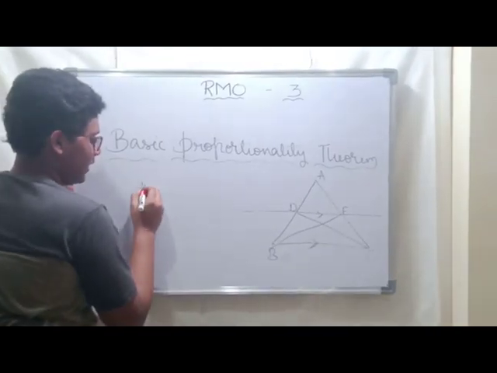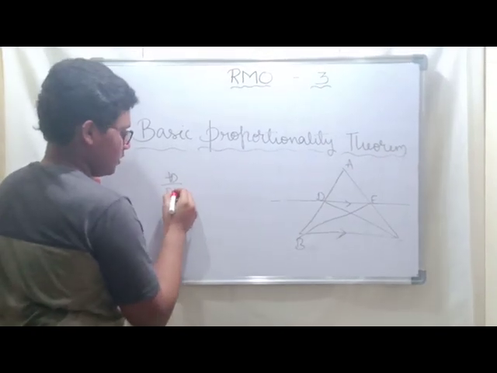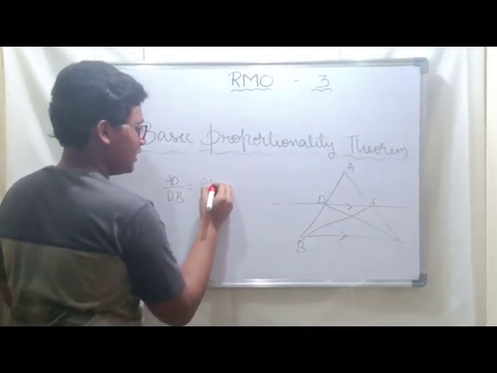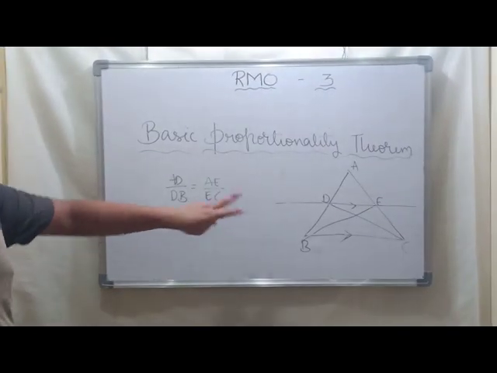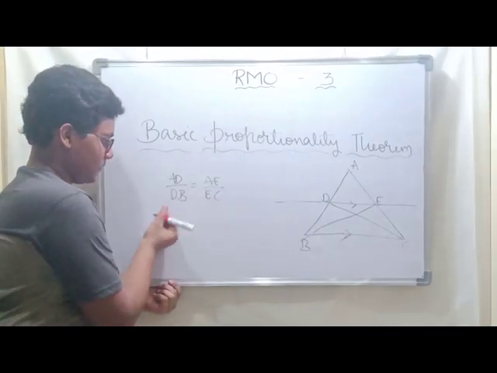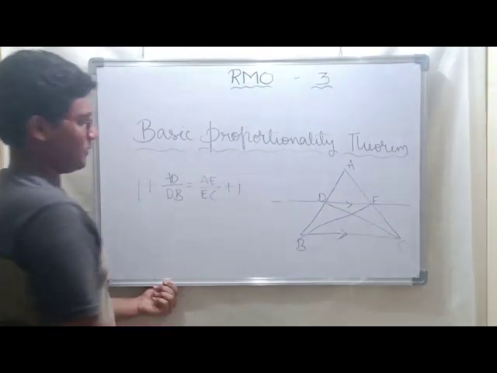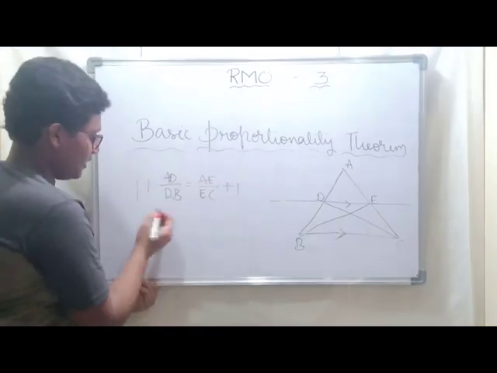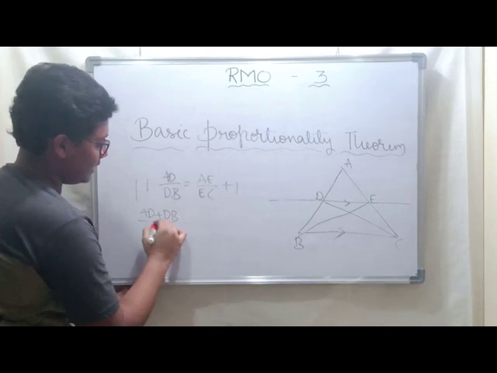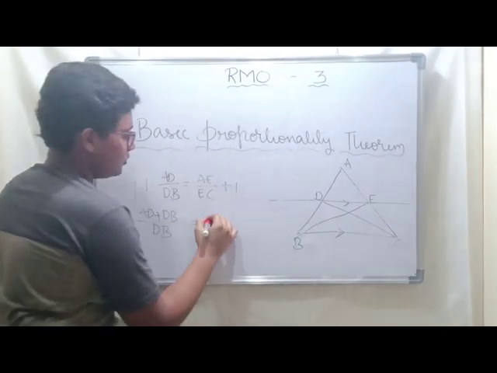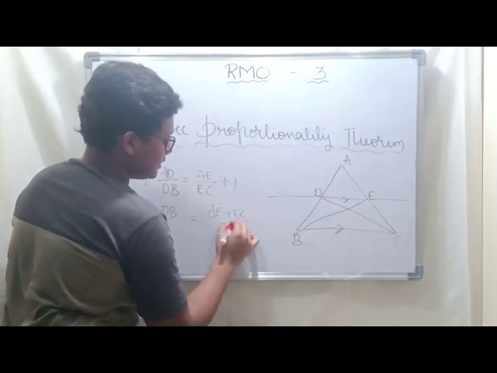So we got AD by DB is equal to AE by EC. See, we'll add plus 1 to both sides. Then we'll take LCM and we'll get AD plus DB by DB is equal to AE plus EC by EC.